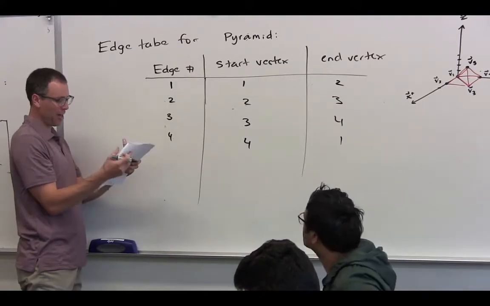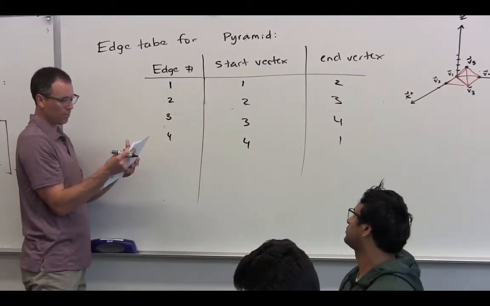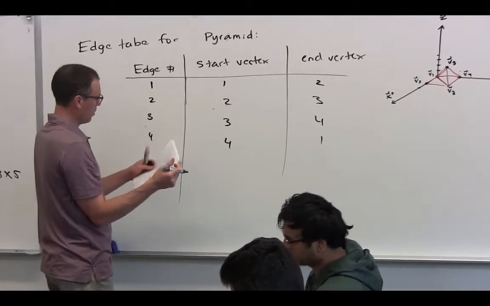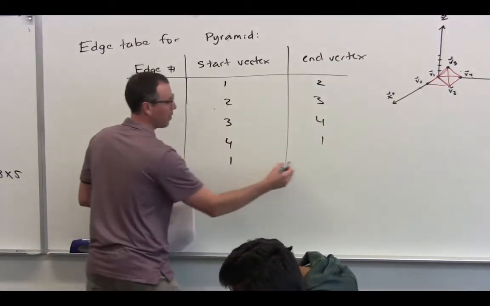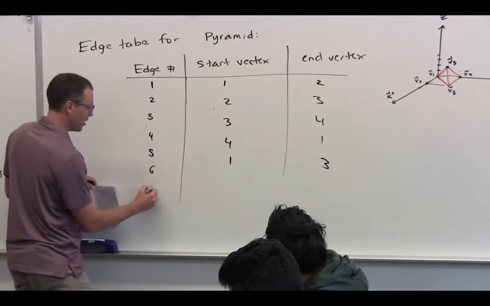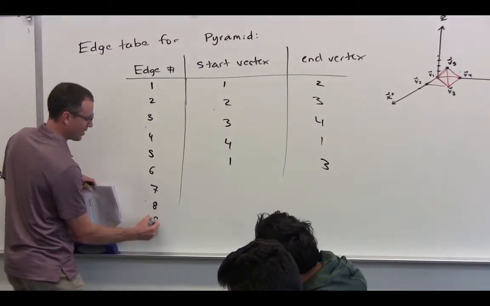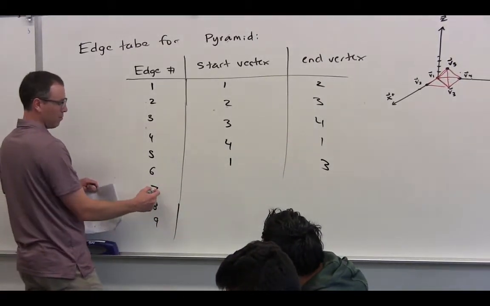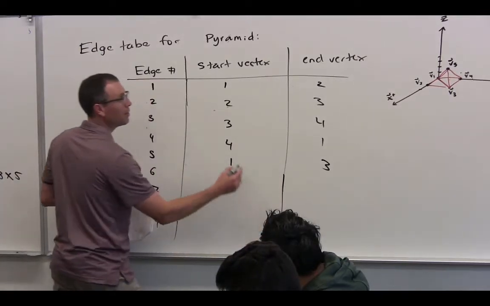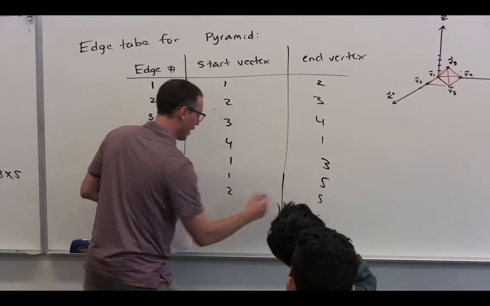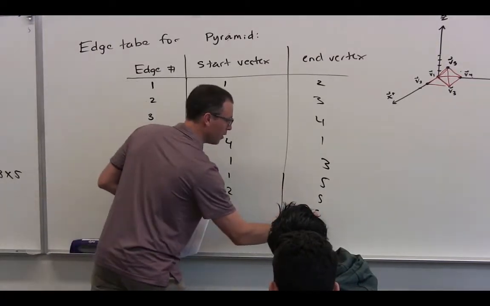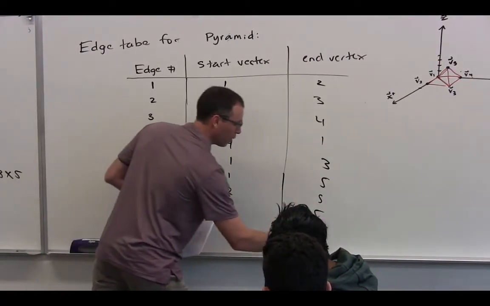I think I did this in a different order. That's okay. So you said that this one maybe we'll keep in that plane. 1 to 3, edge 6, edge 7, edge 8, edge 9. All right. What is 6 in this case? 1 to 5. What's 7? 2 to 5, 8. 3 to 5, 9. 4 to 5.